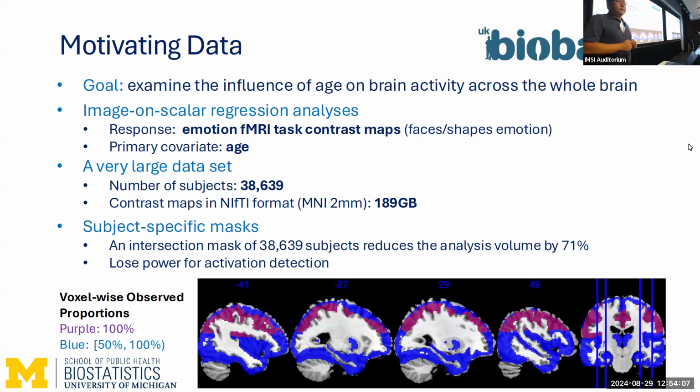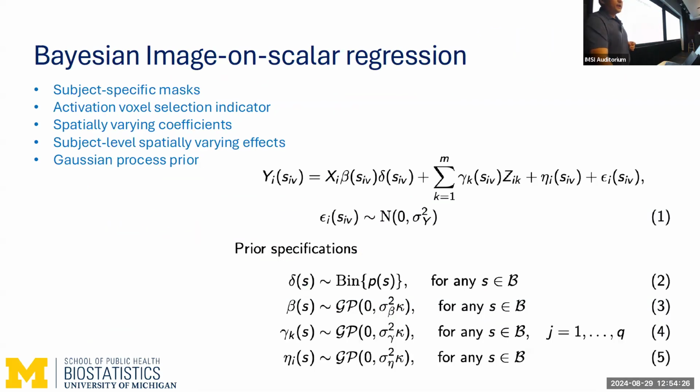And if you run some simple method, you may lose power to detect signal. So here is the figure showing that the purple area is 100% observed, and the blue area is at least 50% observed.